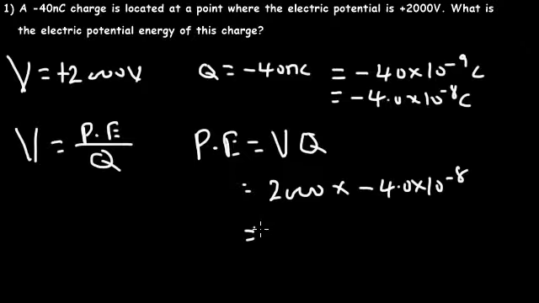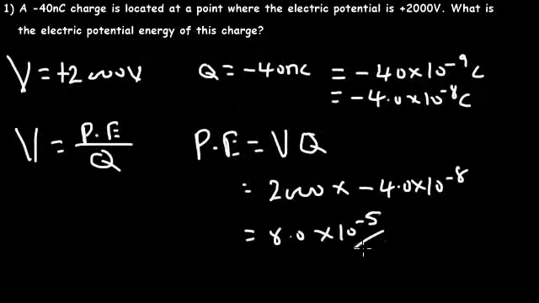So we're going to type this into our calculator. I have 2000 multiplied by 4 multiplied by 10 to the power of negative 8. And with that, I got 0.00008, which is the same as 8.0 times 10 to the power of negative 5. Since this is potential energy, I can put joules. This is our solution to example number 1.